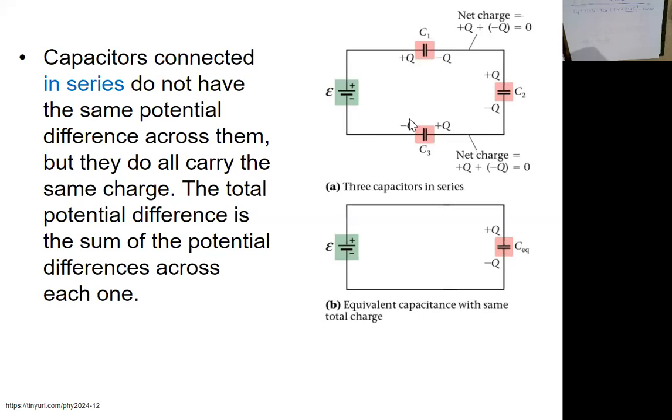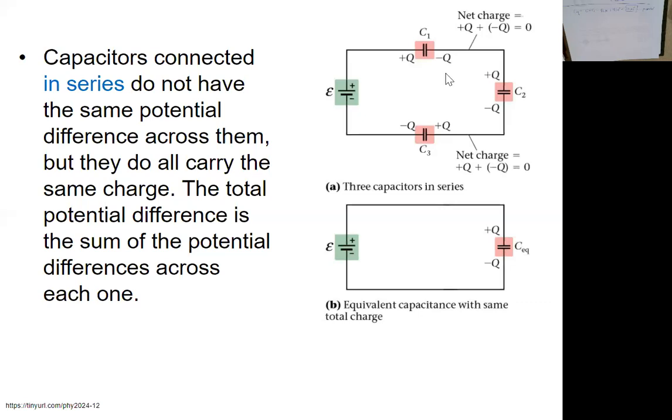So the Q across will all be the same, because net charge initially should be equal to 0. You are just moving electrons from one plate to another plate. This is simply a redistribution of the electrons, so the Q's will be the same.